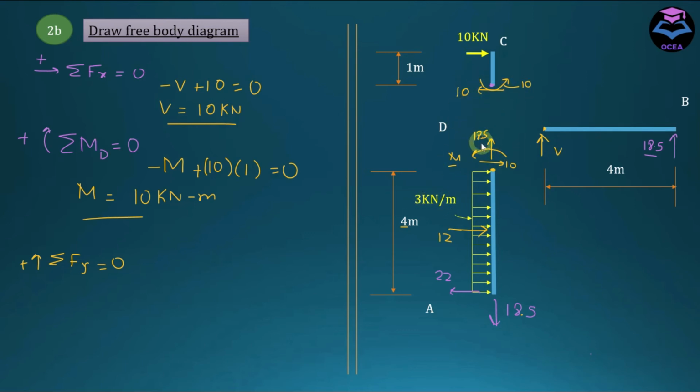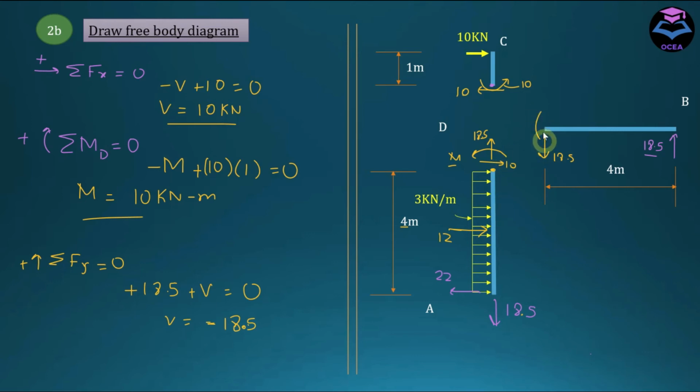We have this 18.5, we don't have any vertical force here, and this V. So 18.5 plus V is equal to 0, and V comes out to be minus 18.5. This negative sign indicates that the direction of this force assumed is incorrect. It should be pointed downwards, and this is equal to 18.5.